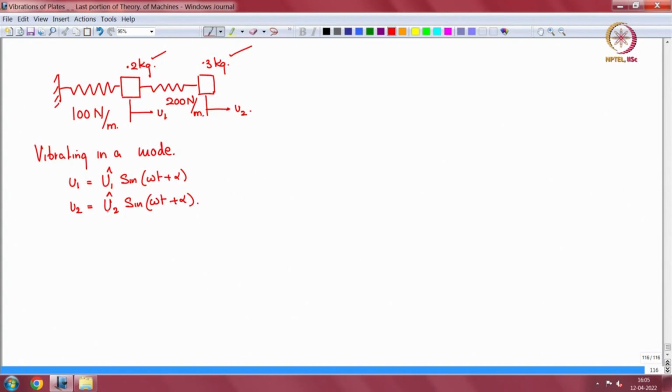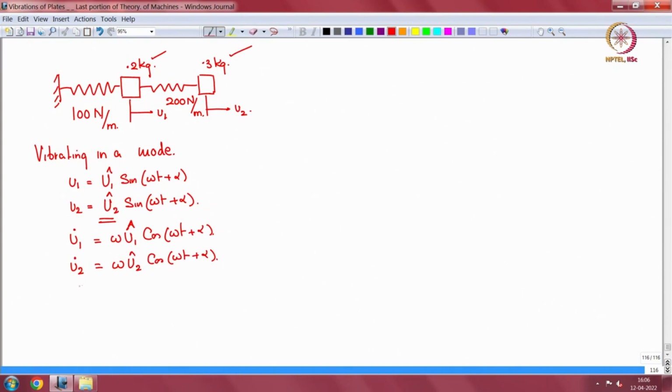So u1 and u2 can carry some sign. So then what is u1 dot? u1 dot is omega times u1 hat cos omega t plus alpha, and u2 dot is equal to omega u2 hat cos of omega t plus alpha.